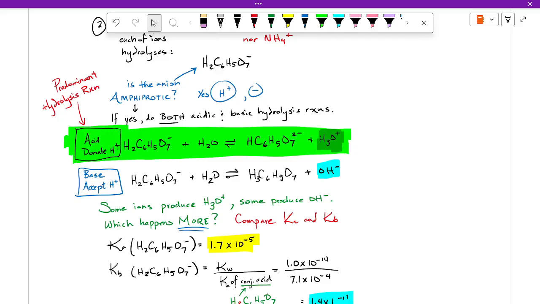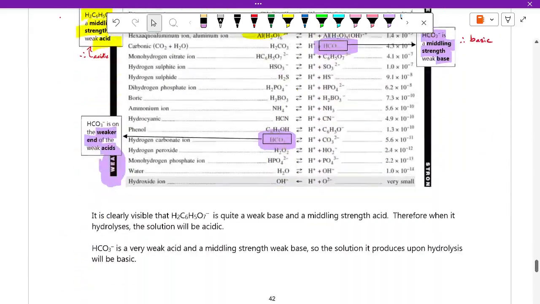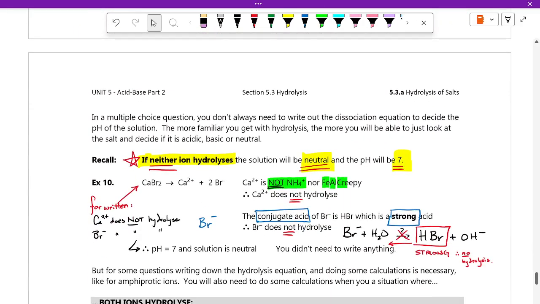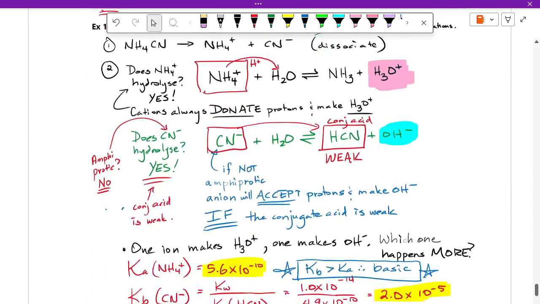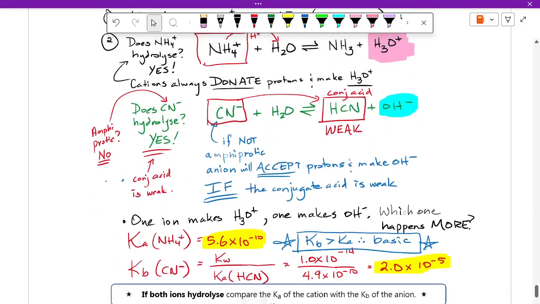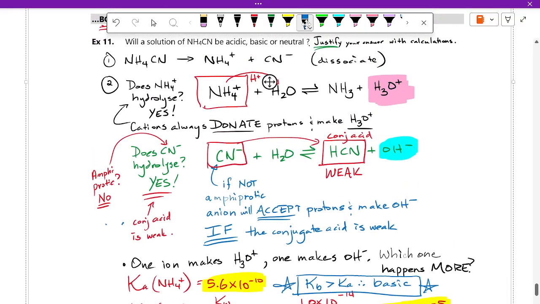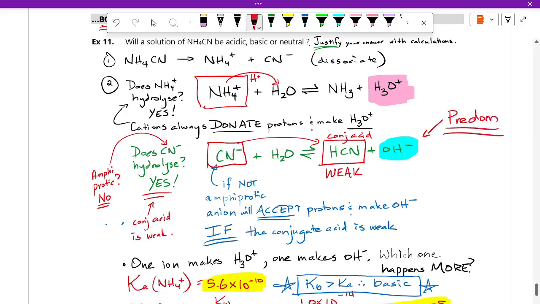They will always hydrolyze. Yes, this one would be predominant. There's our predominant hydrolysis.